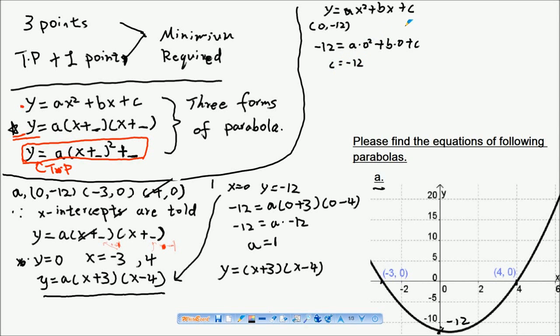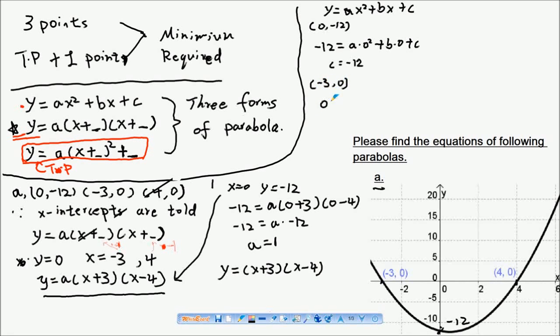Now we found one constant of the parabola, and we have to find a and b. Let's substitute the other points. When x is minus 3, y equals 0.